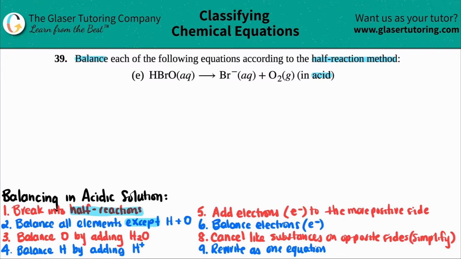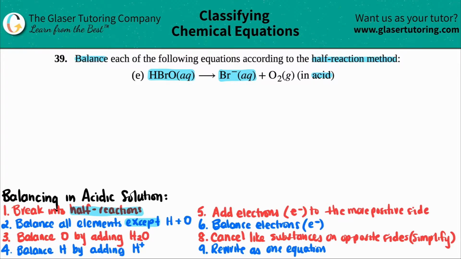So focus on all the other elements that are not oxygen and hydrogen. So for example, I have this whole compound on the left-hand side, right? And I have a bromine here. So this would definitely hook up with this component. Bromine goes with bromine. So that's one half reaction.